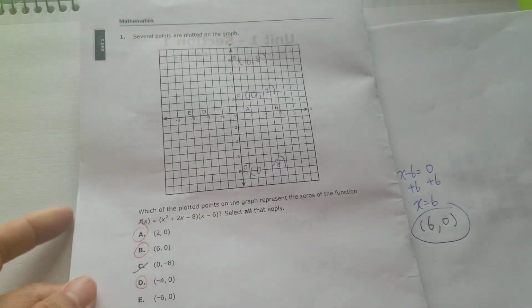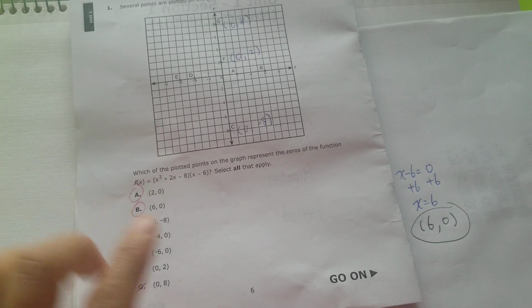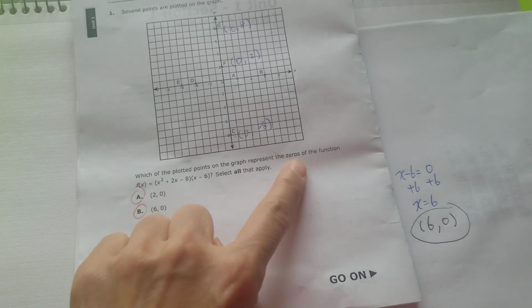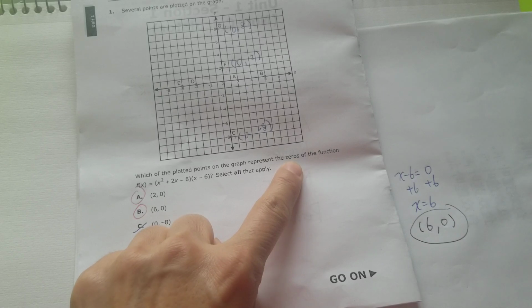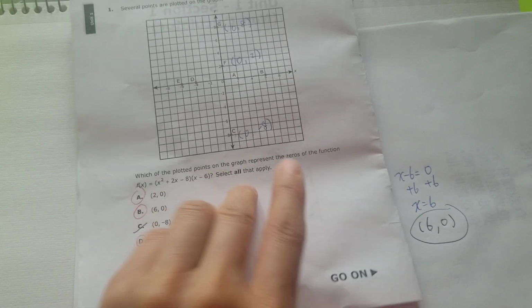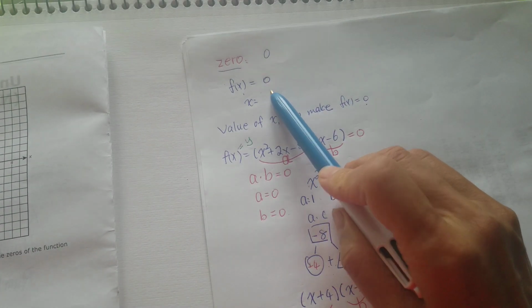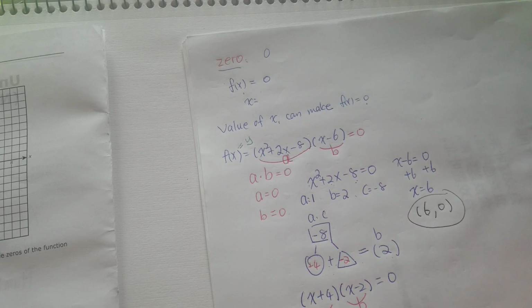Let's do a quick review. Question number 1 is testing the skill of solving quadratic functions. Also, a very important mathematical word, zero, which means you need to set the function equal to 0 and then solve for x.